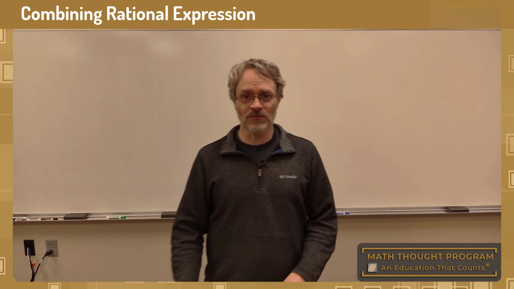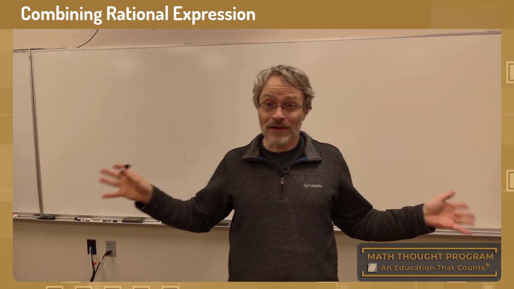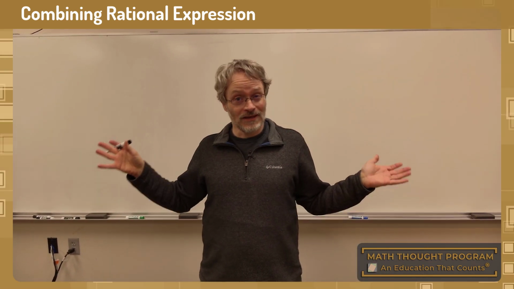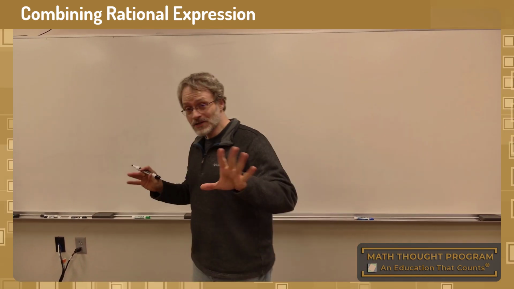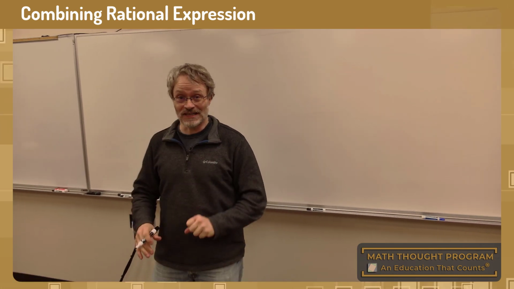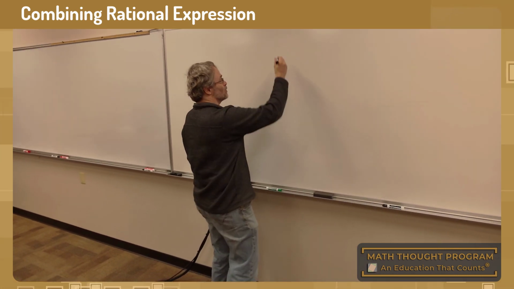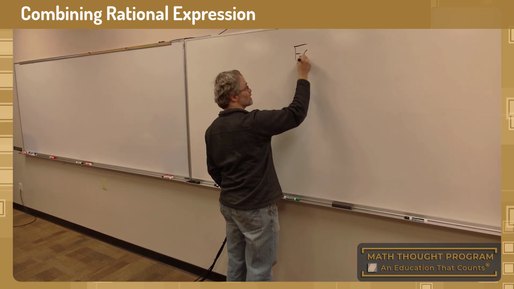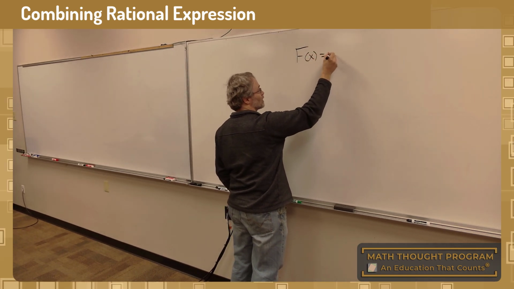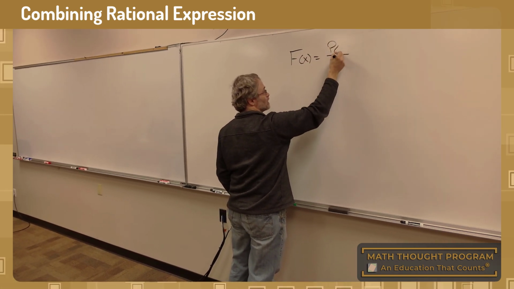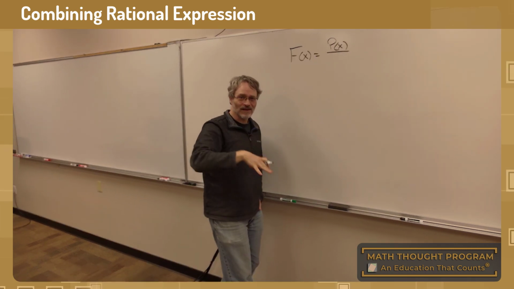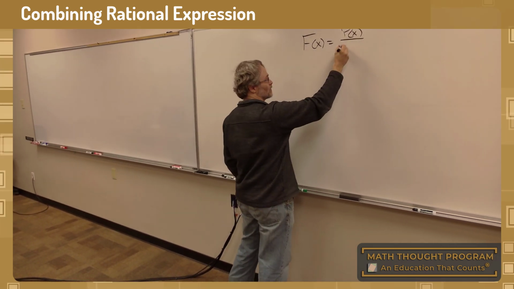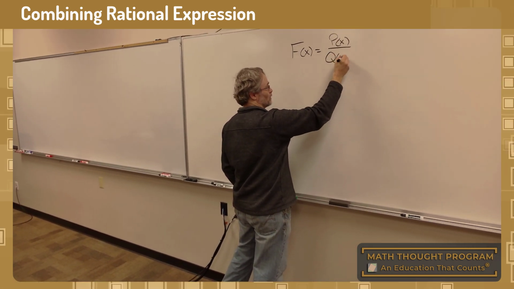Now, to start off, you might ask yourself, what really is a rational expression? Well, a rational expression is a type of function, one we're going to spend a considerable amount of time looking at. It's essentially like a fraction, where we have a numerator and a denominator.